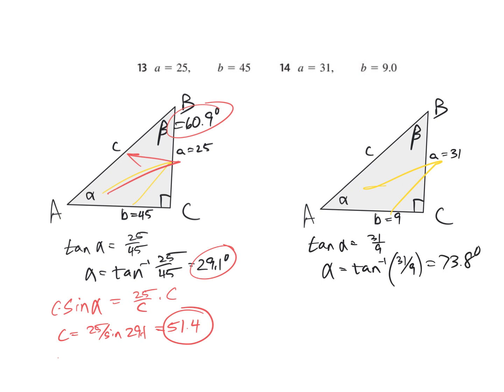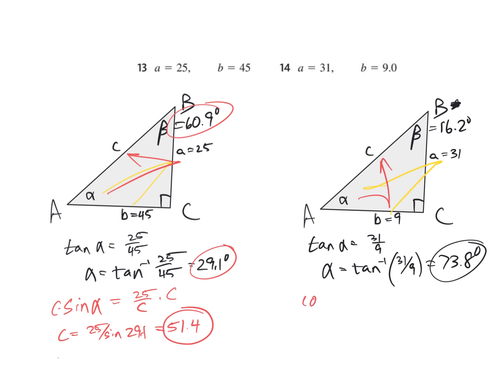So that's alpha. So 90 minus that, 73.8, and you get 16.2 degrees. And to get C, we'll do cosine this time. So do the adjacent and hypotenuse.